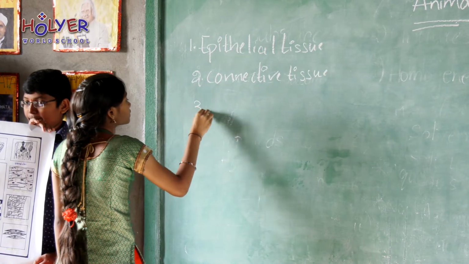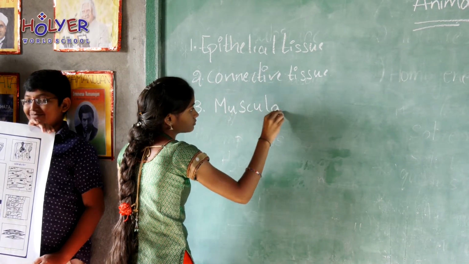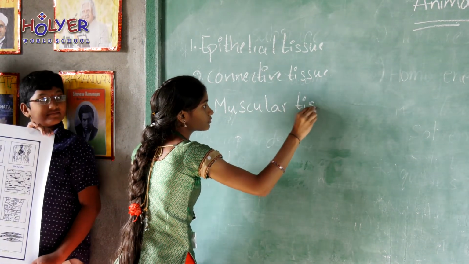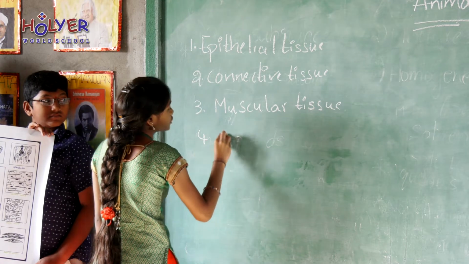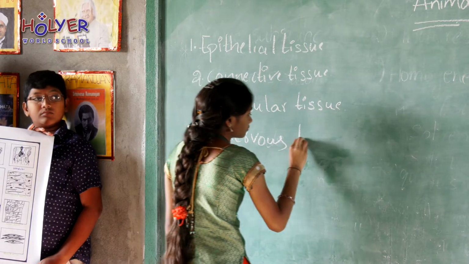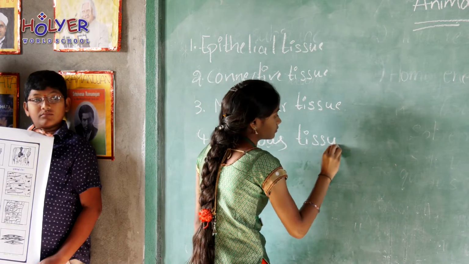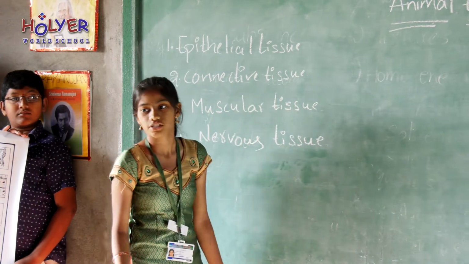And the third one is muscular tissue. And the fourth one is nervous tissue. These four tissues perform different kinds of functions in our body.